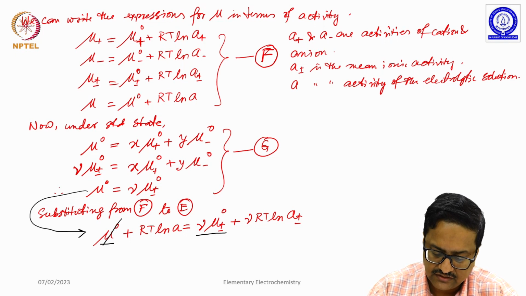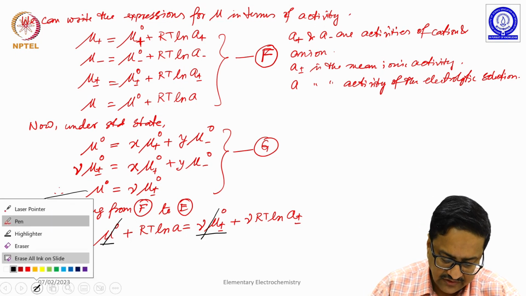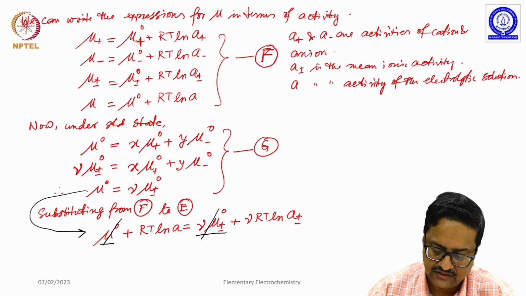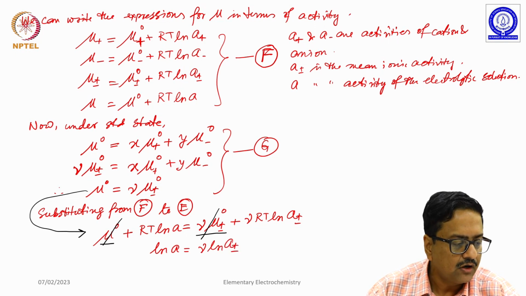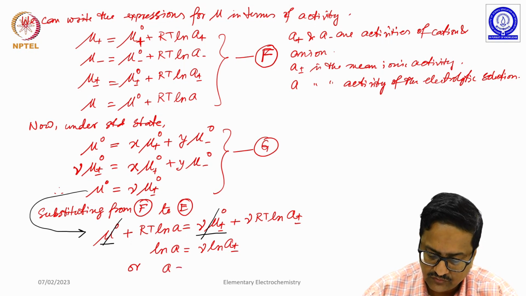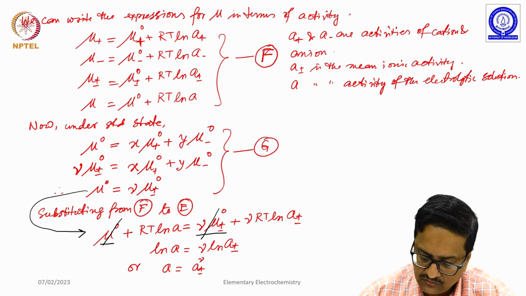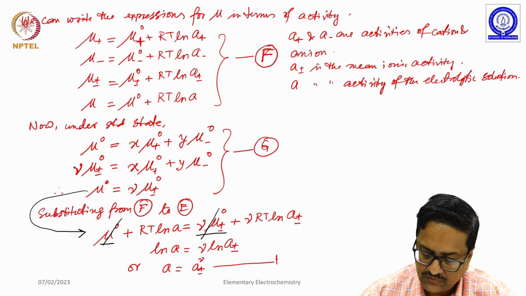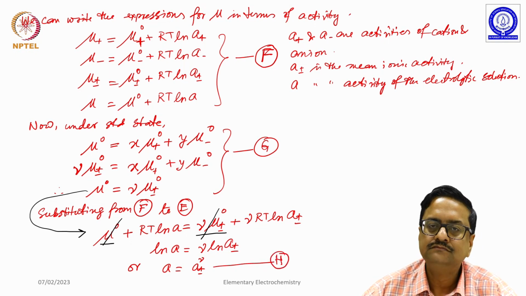So you can cancel these two and rewrite this expression as ln a equal to nu ln a plus minus, or you can simply write a equal to a plus minus to the power nu. This equation is numbered as equation H.